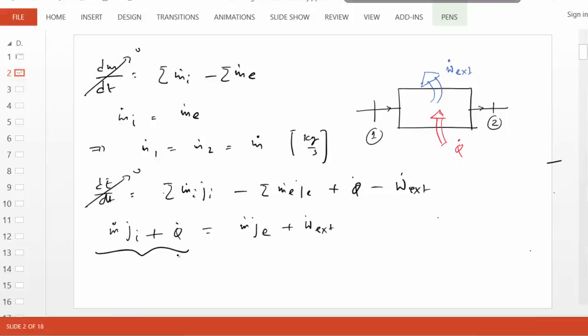So that means energy in must equal energy out, just like mass in equals mass out. So you can see that energy is entering with the flow and heat, and coming out through the exit flow and work. If we write the entropy equation, it would be similar.